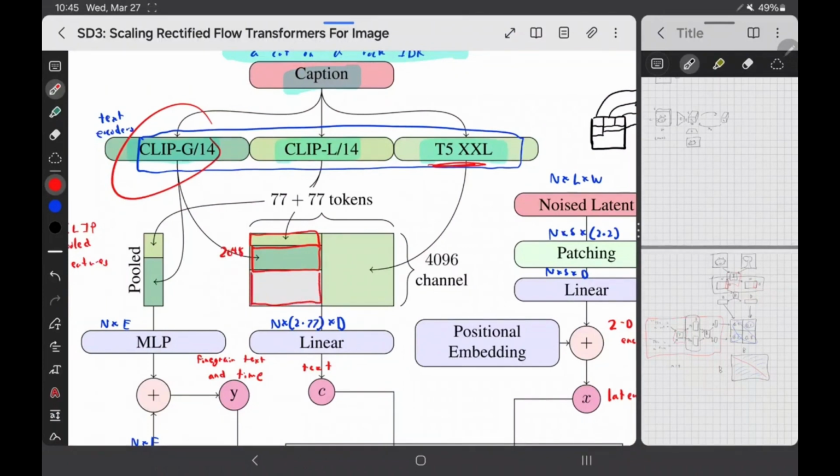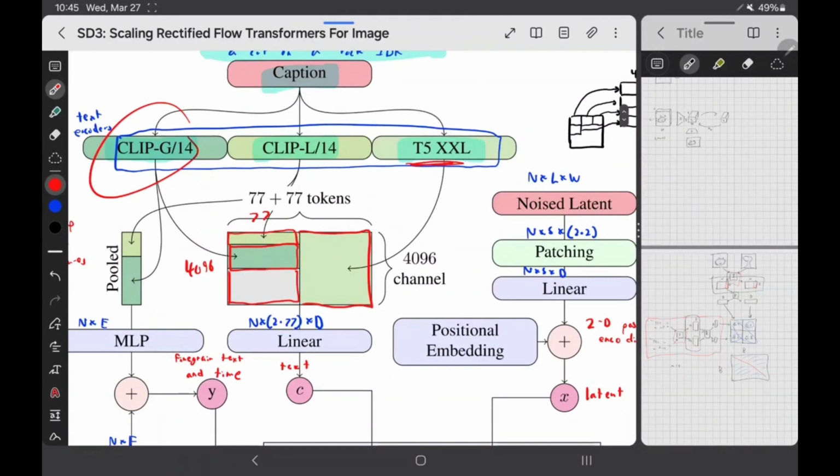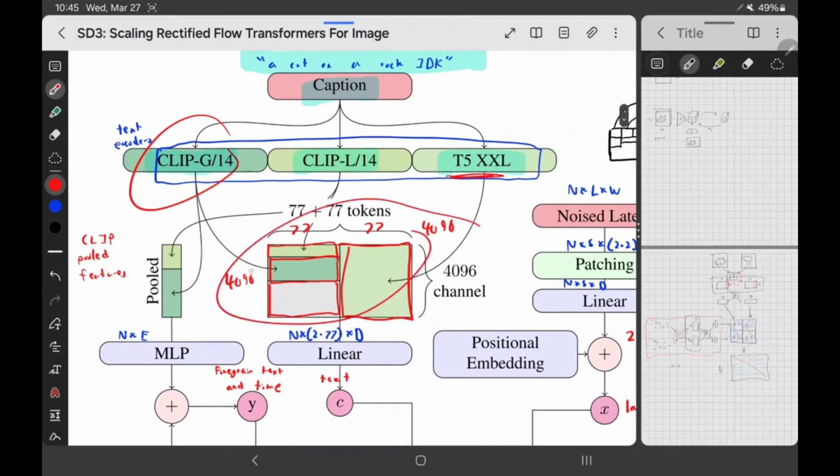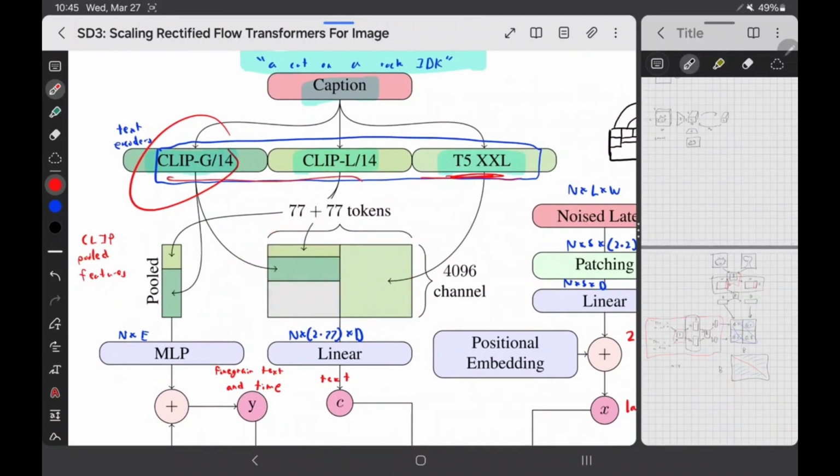And then you concatenate some padding. Maybe this is 2048 as well. So this will be 77 tokens by 2048 or by 4096 dimension. And then you concatenate this sequence-wise, which is 77 tokens by 4096 dimension-wise. And you just concatenate this and you get this big matrix representing 2 CLIP and 1 T5 encodings for the text.